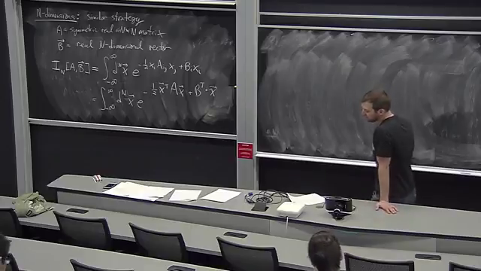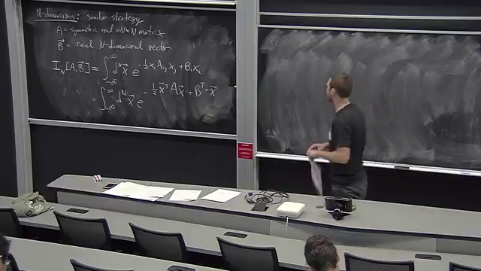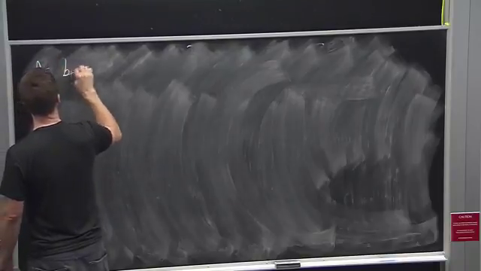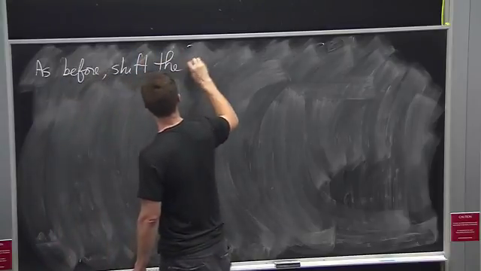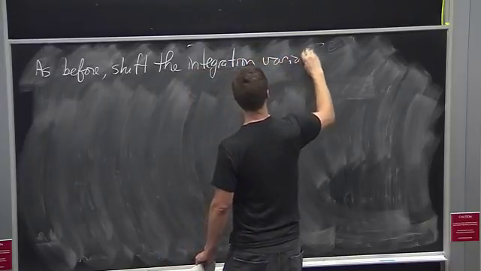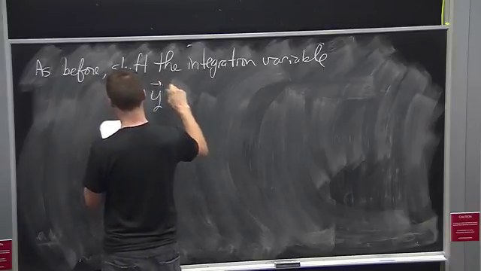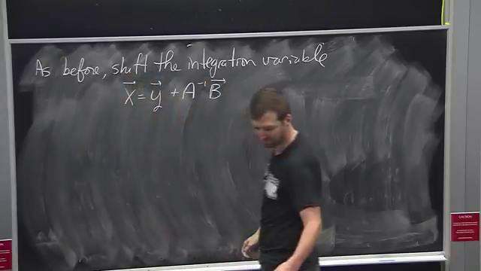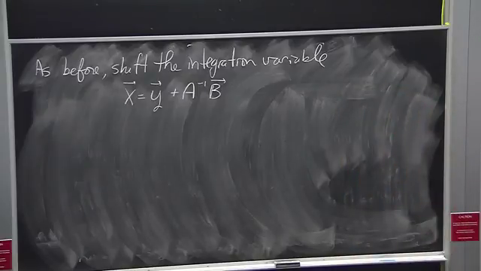So let's shift the integration variable. Before, y was x minus b over a. So let's do the same. x is equal to y shifted, so I've got to invert that matrix. Call it A minus 1. We've got to get used to dealing with A and its inverse.